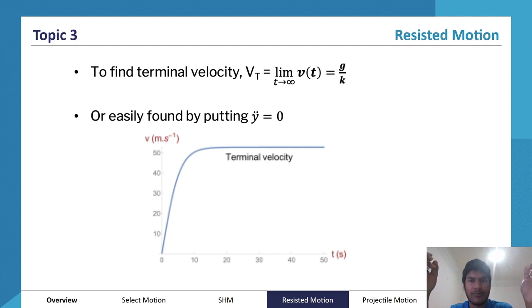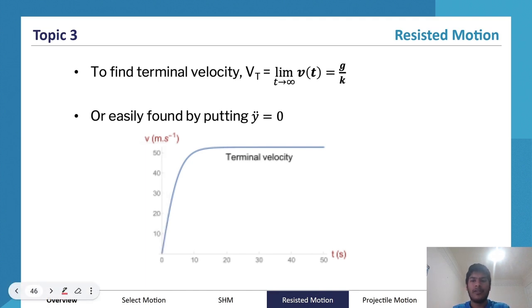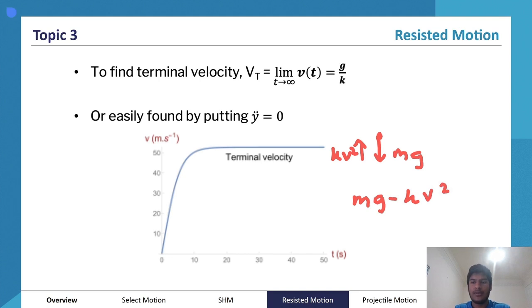It's pretty much, if you're in perfectly vertical resisted motion, we end up with the net forces being mg this way and kv squared that way, or kv this way, dependent on that. We get mg minus kv squared, if we take downwards as positive, equals mass times acceleration. And if we set acceleration equals 0, that is, when the velocity approaches the terminal velocity, the acceleration becomes slower and slower, right?